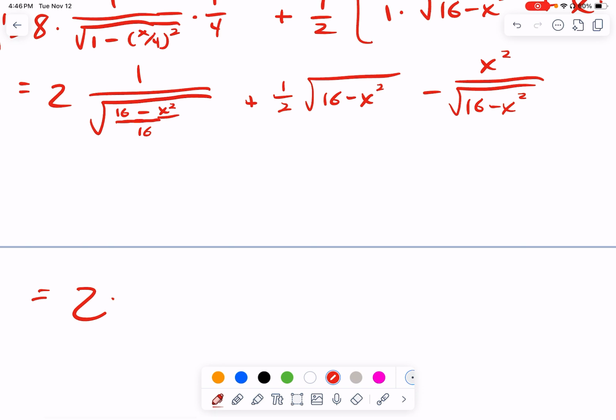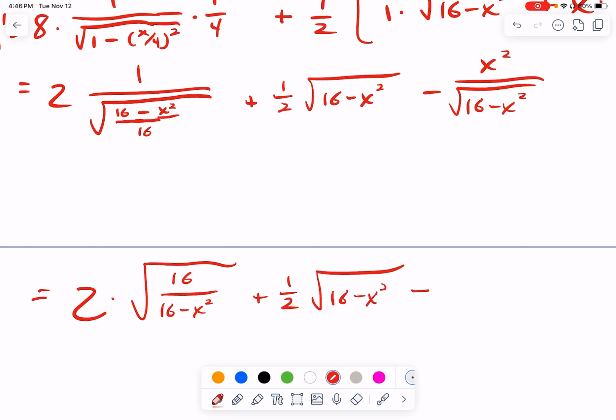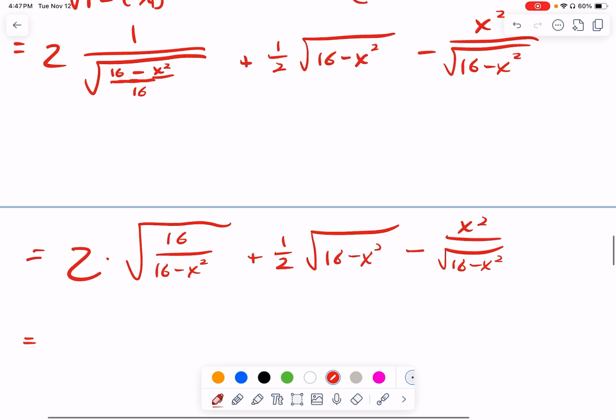So that's actually the same as the square root of the reciprocal. And I'll just continue like so. Now I'll break this up. It's the square root of 16, which is 4, over the square root of 16 minus x squared.